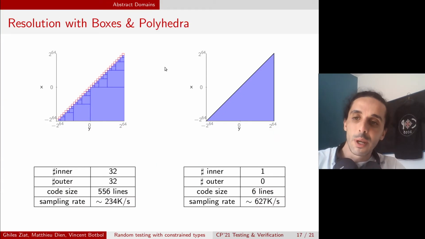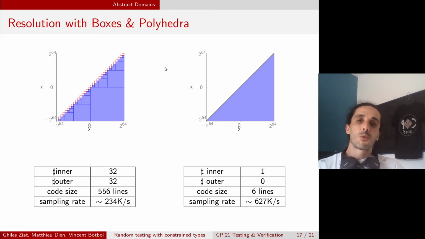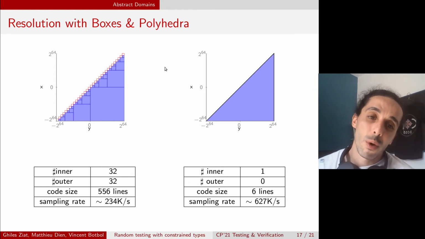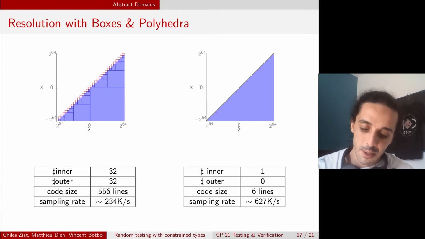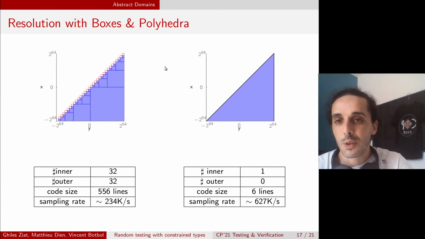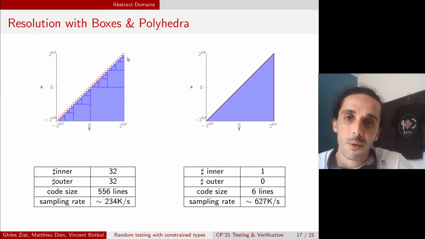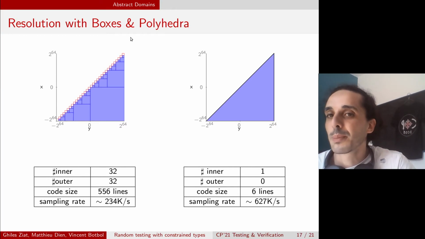So we have tested our framework with two different abstract domains: boxes and polyhedra. You see here the resolution of the interval type using boxes.